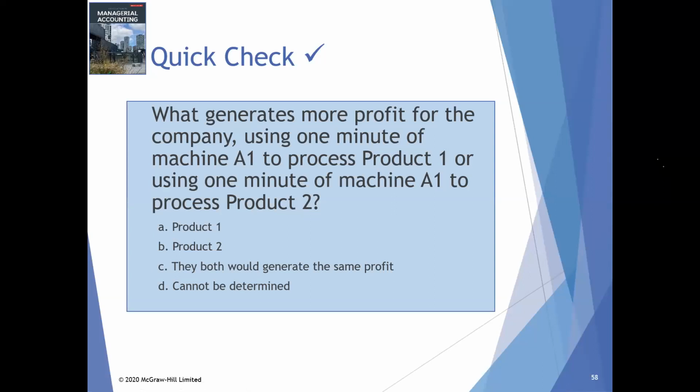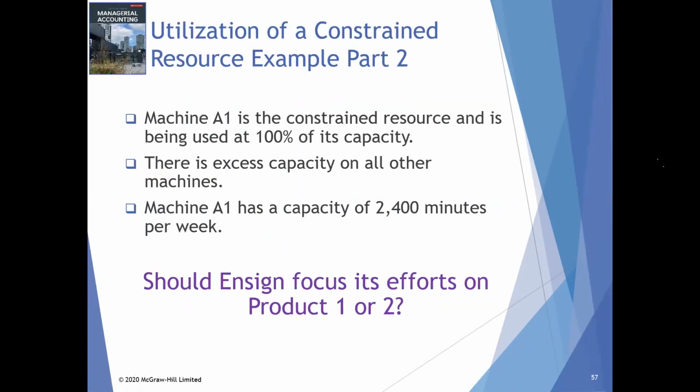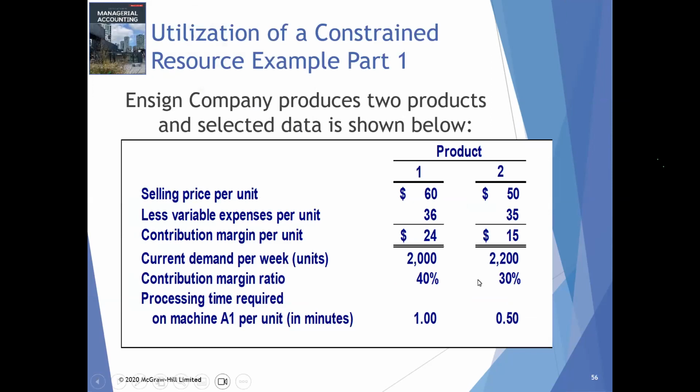So in this case, if we are going to manufacture product 1 or product 2, we need to find out which is the better one. We need to look at the previous slide and see what the contribution margin is.